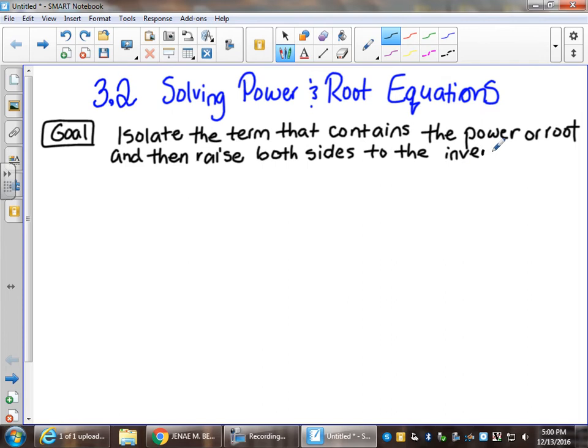And we'll see what this means as soon as we get into our examples, but let's write it down first, okay? Our goal will be to isolate the term that contains the power or root, and then raise both sides to the inverse.